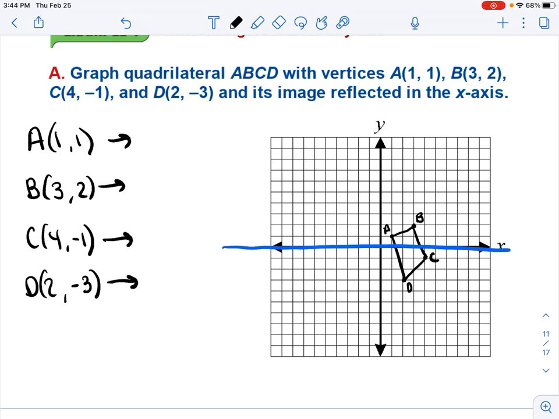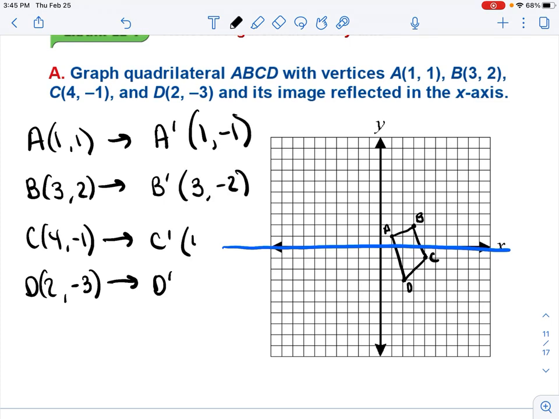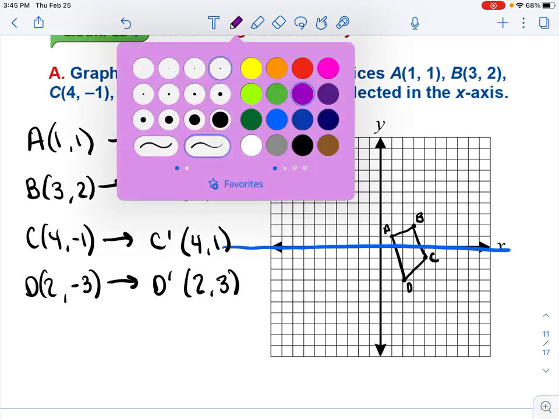And then I like to write out my image coordinates, marking what they are, like so. So I know when I'm flipping across the x-axis, my x's stay the same and my y's switch signs. And then I can go ahead and graph it.